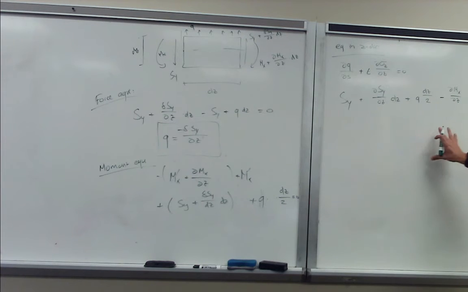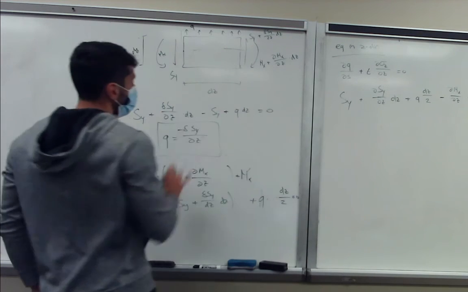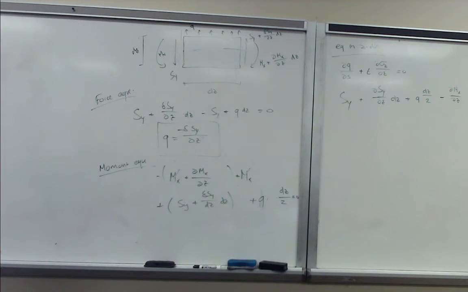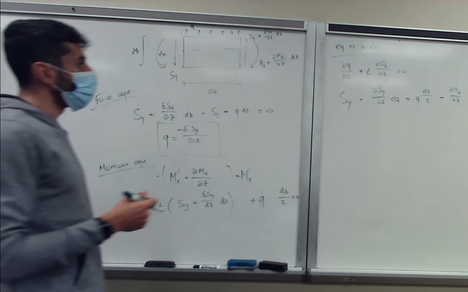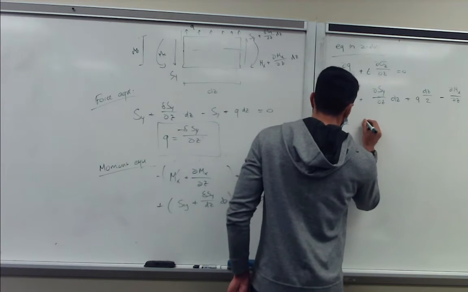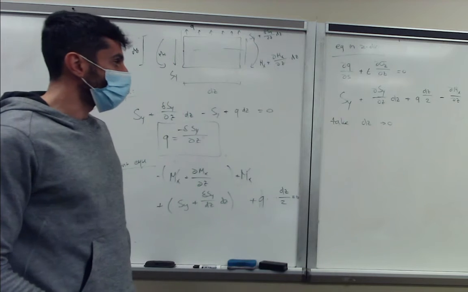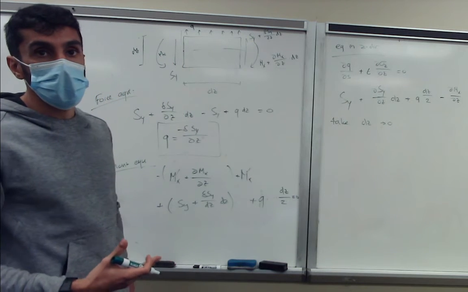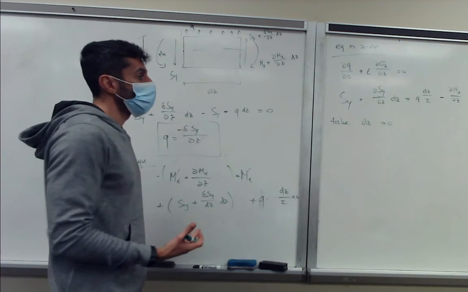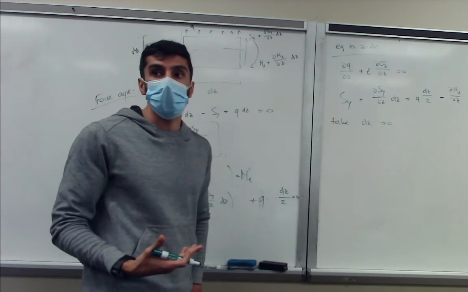So the next thing we assume is that this differential element goes to 0, because we want to have basically a point derivation. So we take dz goes to 0. So what happens? Basically you can neglect every term with a dz in it.